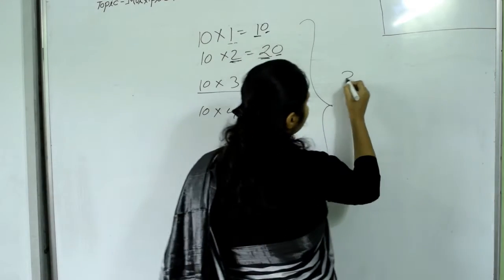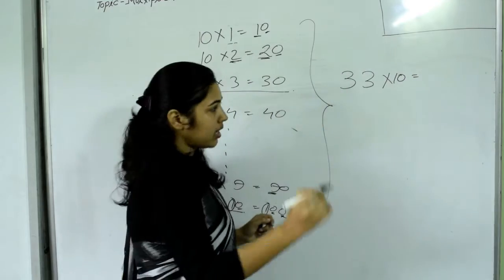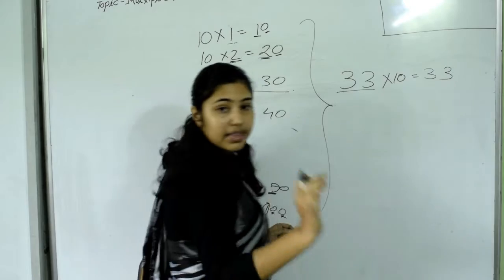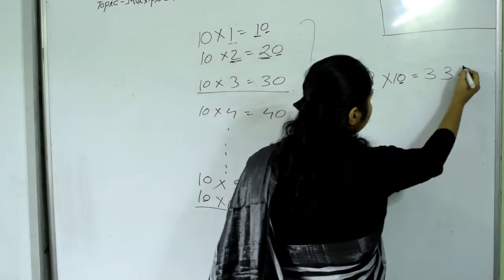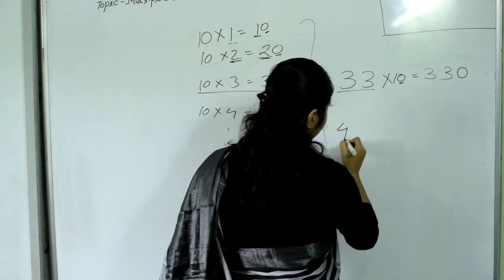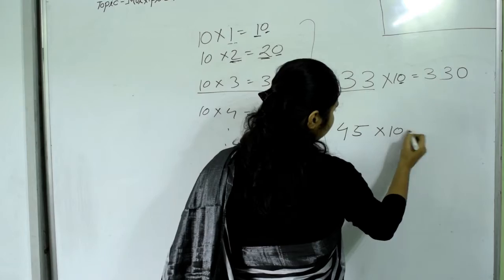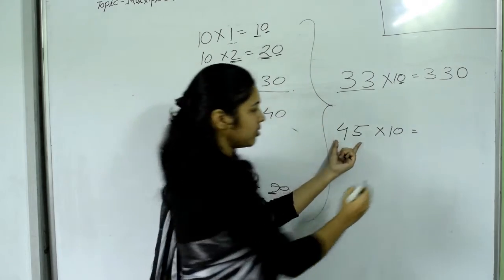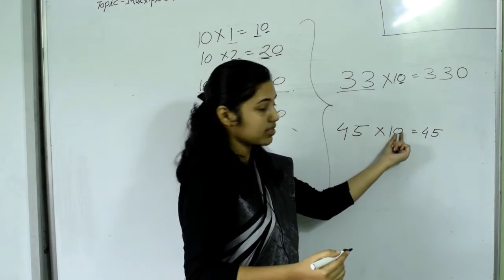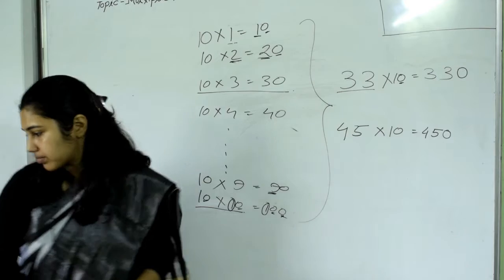Which means if we multiply any number with 10, first we will get the number and then 1 0 in the ones place. Same if we multiply 45 with 10, first write the number 45 and then add 1 0 in ones place. Okay?